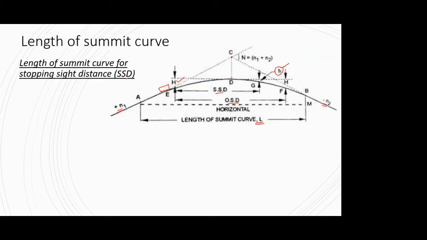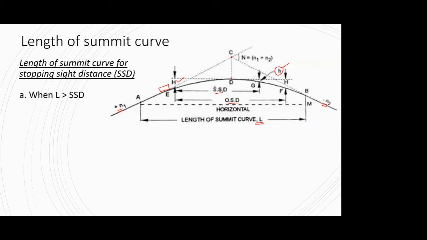For stopping sight distance, we consider that there is some object on the other side of the apex which we are not able to see. But assuming that it's there, we should design our length of summit curve so that by the time the driver sees the object, he or she is able to apply the brakes and stop before the collision.